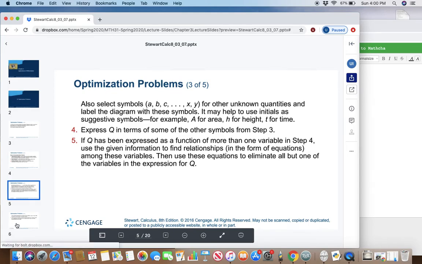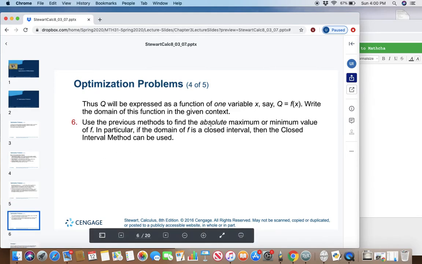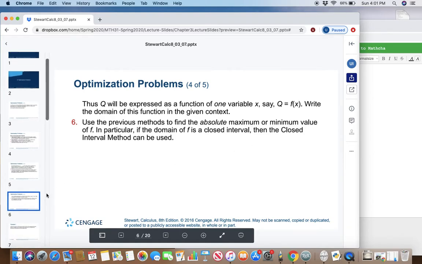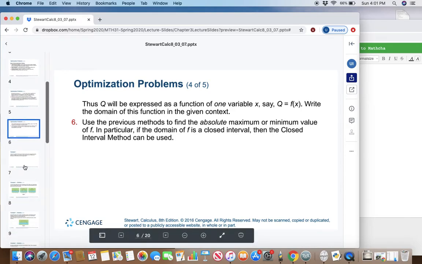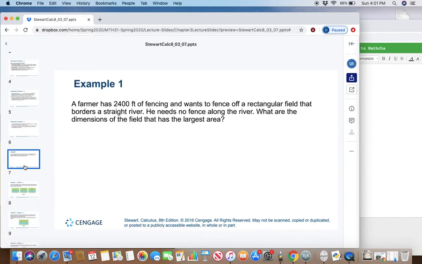Okay. And now the last step is find the absolute maximum or minimum value of your function f, being the function that determines Q. All right. If the domain of f is a closed interval, then the closed interval method can be used. Either way, we have learnt enough calculus to be able to find the absolute maximum or minimum of a function if they exist. All right. Let's look at an example.